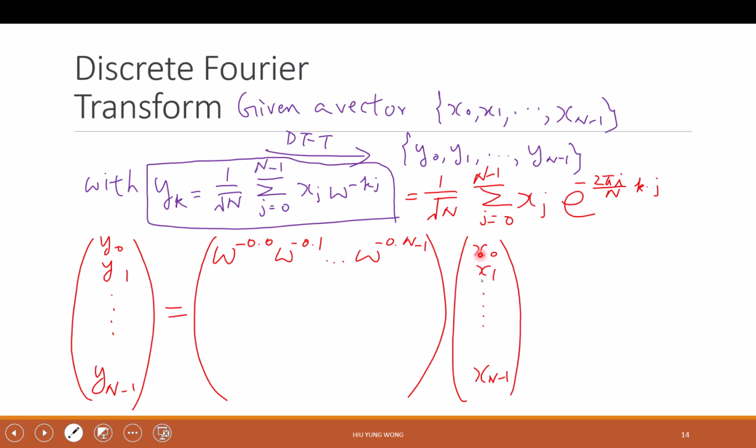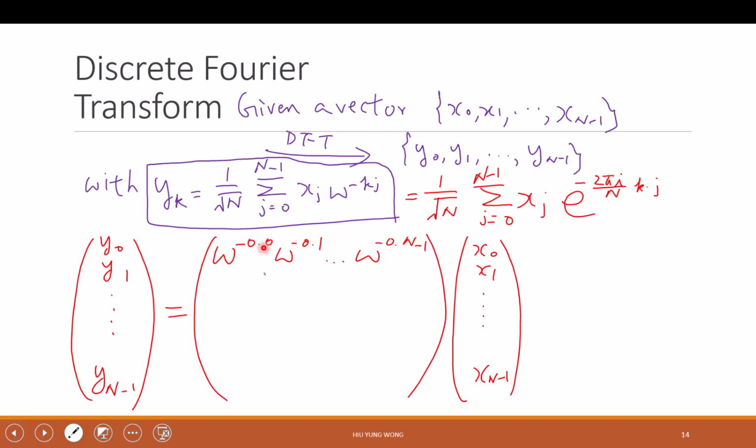So it's equal to omega to the power negative 0, which is k, times 0, and then you times x0, times 1, and then you times x1, times negative n minus 1, then you times xn minus 1. Do you see that? This times this is just equal to this equation. Do you see that? Any questions?